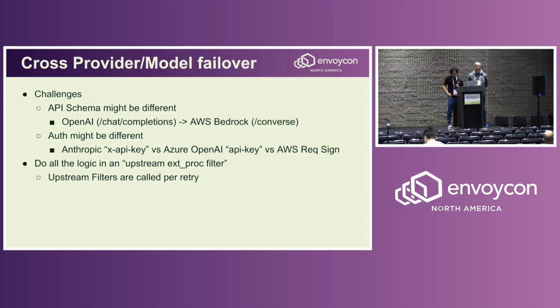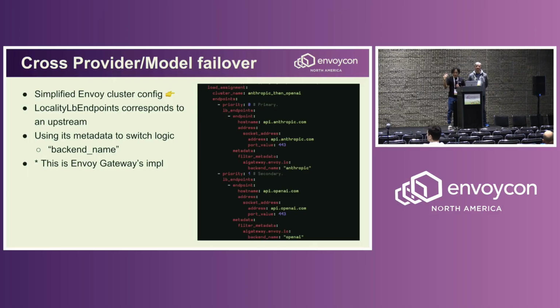How we are implementing this is that we do all this logic in the ExtProc upstream filter, because upstream filters are called per retry. This is a very simplified, distilled version of the Envoy cluster configuration we are using in the Envoy AI Gateway project. Depending on the configuration, but in this example, we have two priorities.